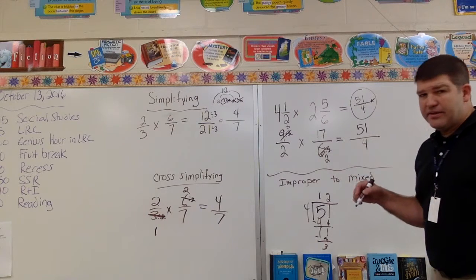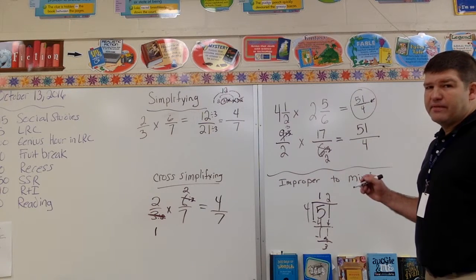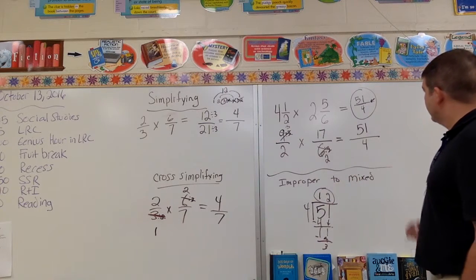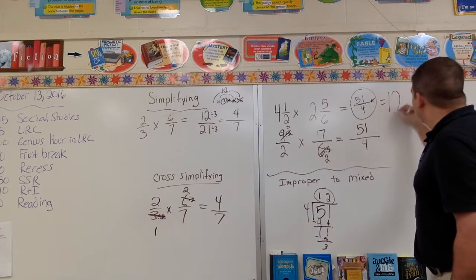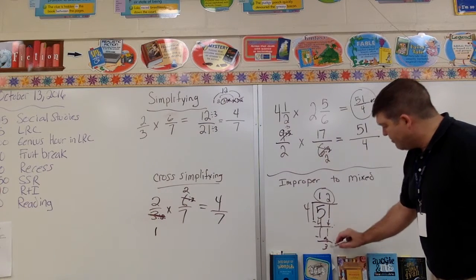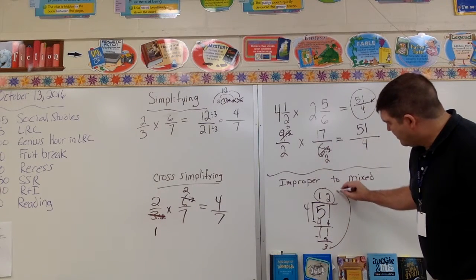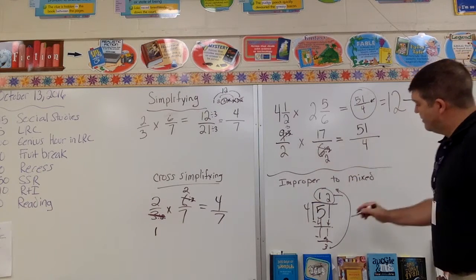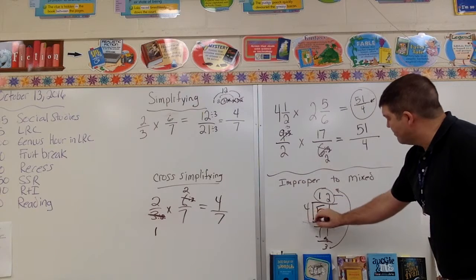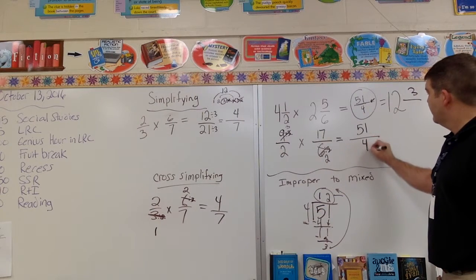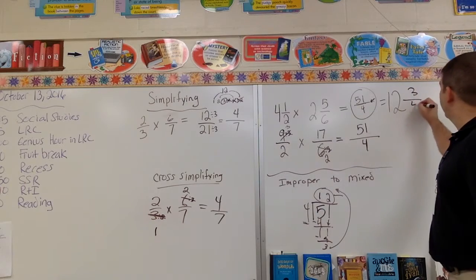Here's what I want you to do. This is my whole numbers, okay? So I know I have 12 there, and then this is my remainder, which goes on top, 3, and then whatever I start with as a denominator, which was 4 here, I keep as a denominator.